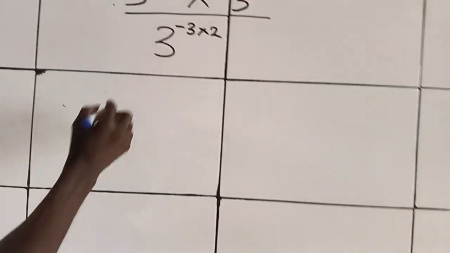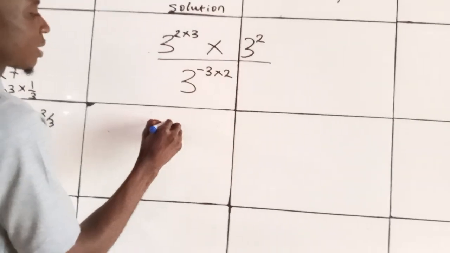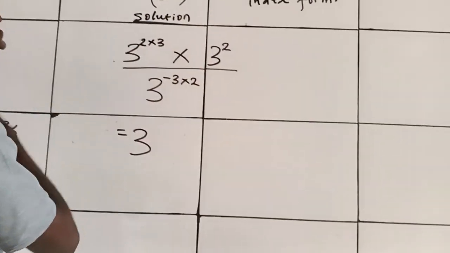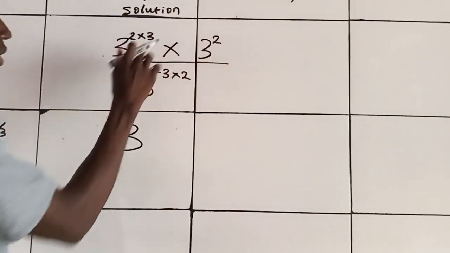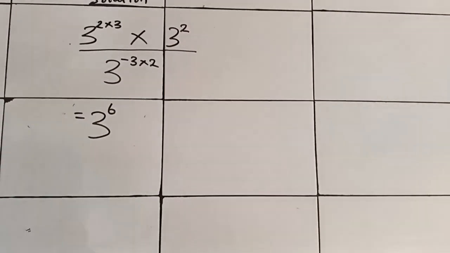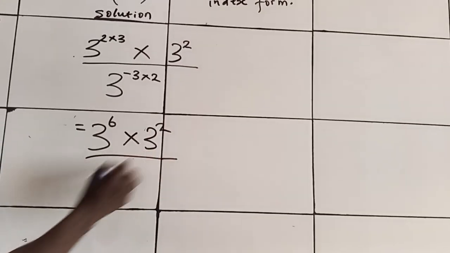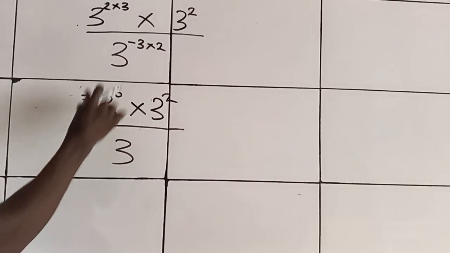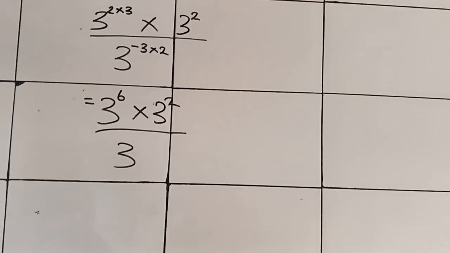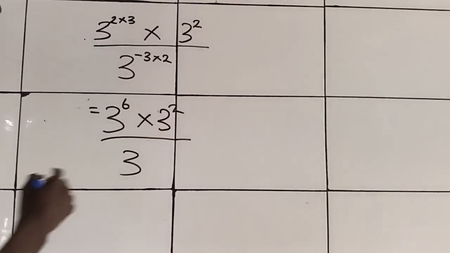So the next step is going to be equals to 3. 2 times 3 will give you 6. Multiply by 3 raised to the power of 2 all over the base, minus 3 times 2 will give you minus 6.